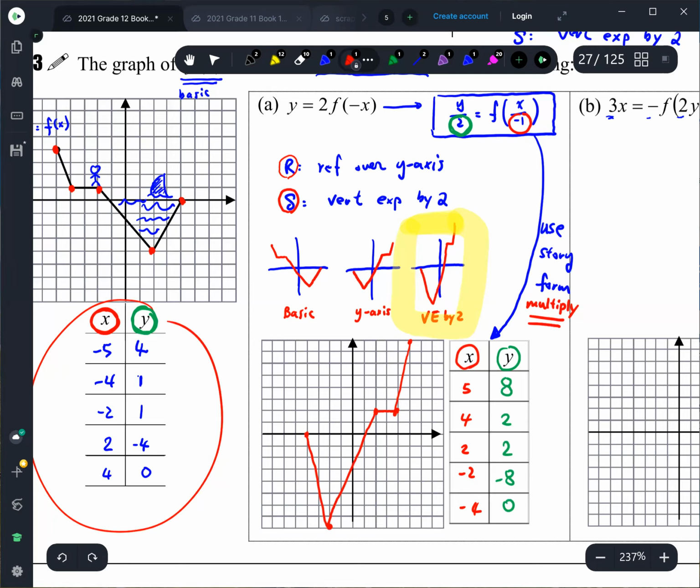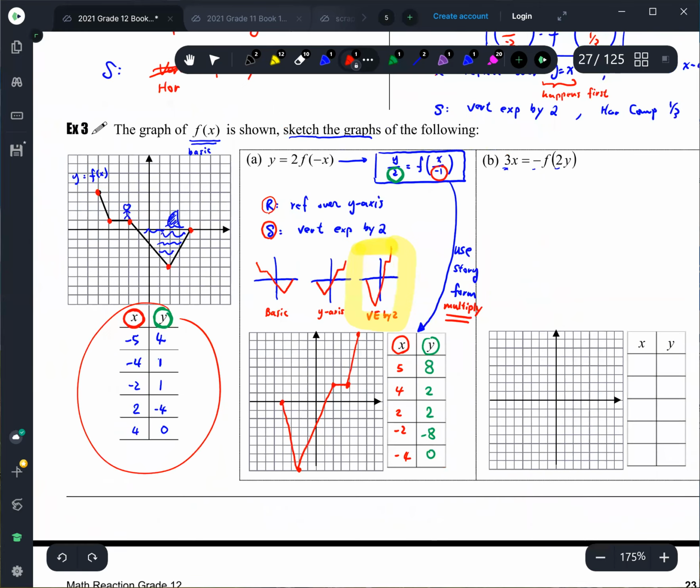Okay, so on your homework, I will be checking not just the graph, but also the table, because sometimes your points might be a little bit off. So the values in the table, I'll be checking that too. Please raise your hand if you finish the graph.